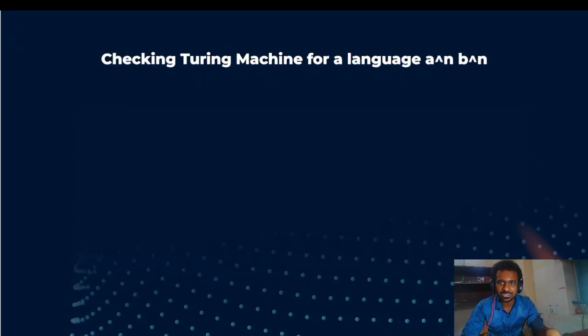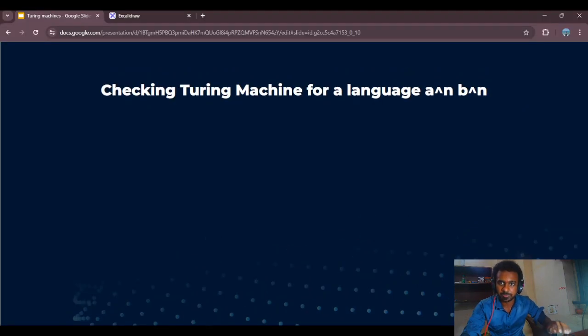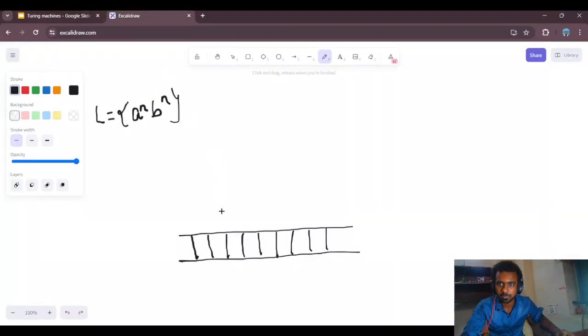Now let's check a Turing machine for the language A power n, B power n. Let's take n equal to 3.